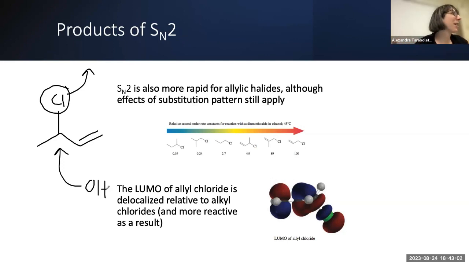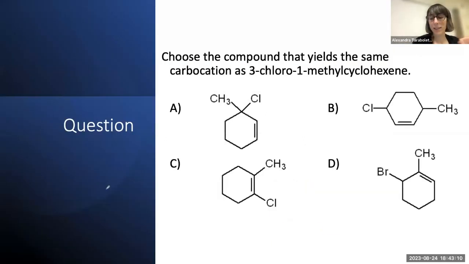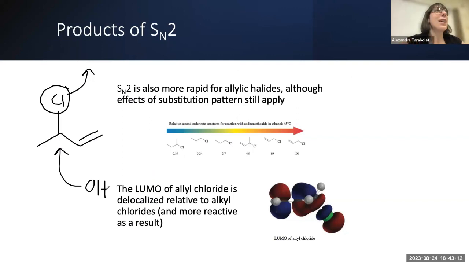That's the key takeaway here. They go faster than if there wasn't a double bond next door. But they do not have resonance, meaning for an SN2 reaction, no funky chemistry, because no allylic system was ever formed.